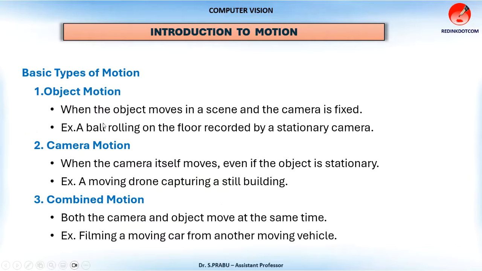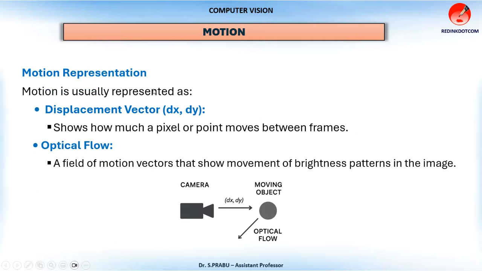The movement can happen from objects or camera movement or both. This movement can be represented by both the displacement vector dx, dy and optical flow: the distance from the camera and the variation in brightness that illustrate the movement of the object.